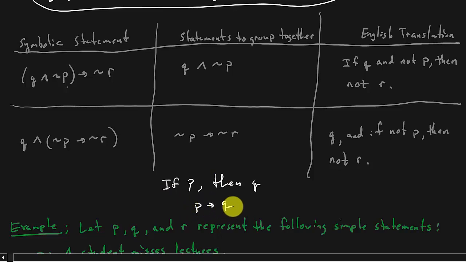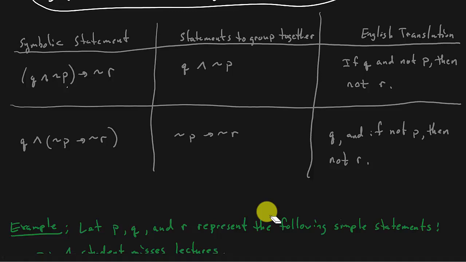This other one right here is showing the separation between the groups. All right, so you've got that. Let's take a look at some examples.